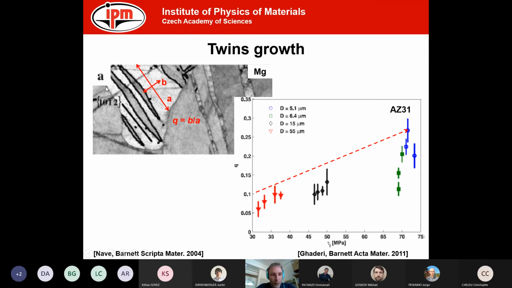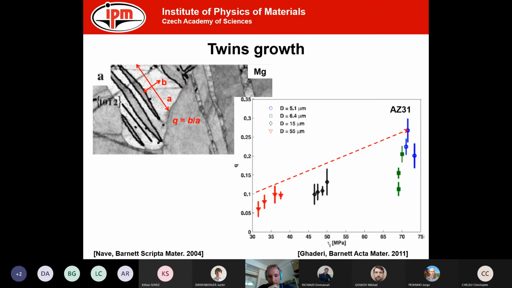So if you want to describe growth of twin, the usual parameter that is used is twin aspect ratio, and it's basically the ratio between the thickness and the length of the twin. And there were some experimental measurements performed where they connect this twin aspect ratio with the applied shear stress on the twinning plane.